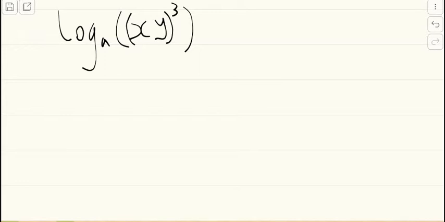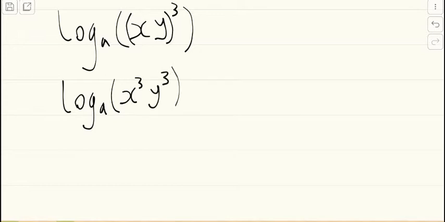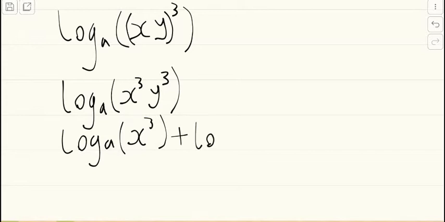What we're going to do here is first of all deal with the xy to the power 3. Using our laws of indices, we can rewrite this as log to the base a of x cubed y cubed, and then we can say that's equal to log to the base a of x cubed plus log to the base a of y cubed.